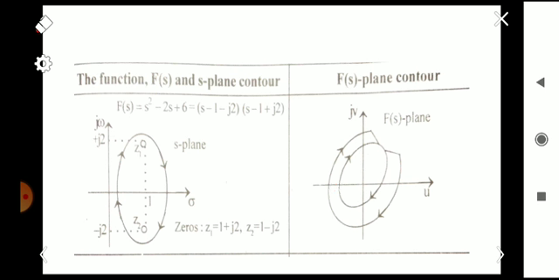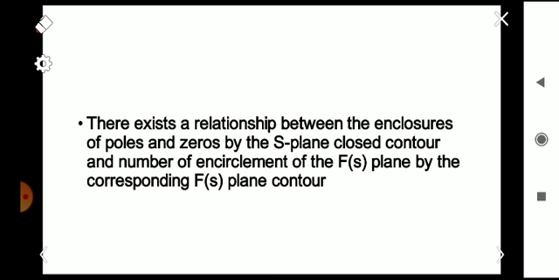Which means there are two zeros on the right half of the s plane, and we could see two clockwise encirclements. So from that we will get a relationship between the s plane and f of s plane contours.